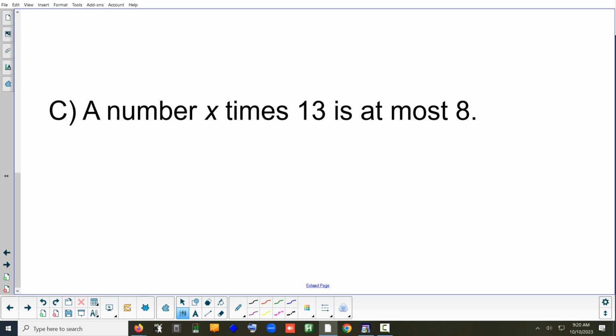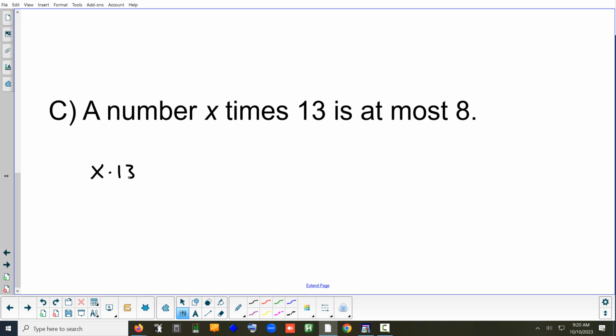Anyone think they could tell me what's going to go on the left? X times 13. You could do x and then a dot and the 13. You could do it that way. Everything right up until the inequality phrase is the left.